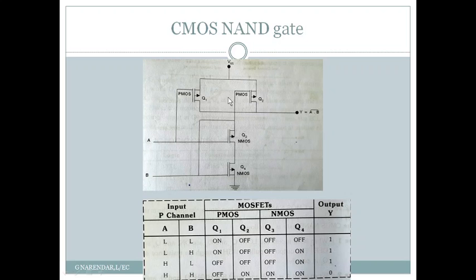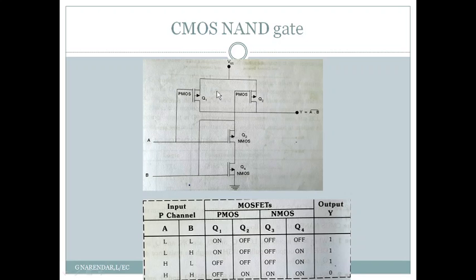So just going through the circuit diagram, you can see that the input A is applied to the gate of the P MOSFET Q1 and N MOSFET Q3. Similarly, the input B is applied to the gates of P MOSFET Q2 and N MOSFET Q4.